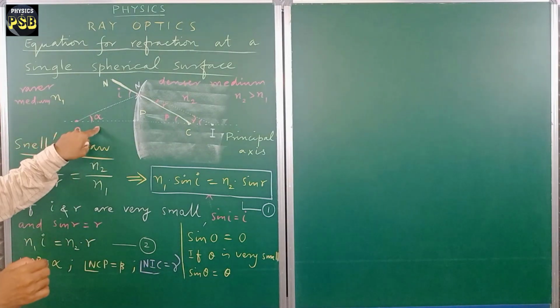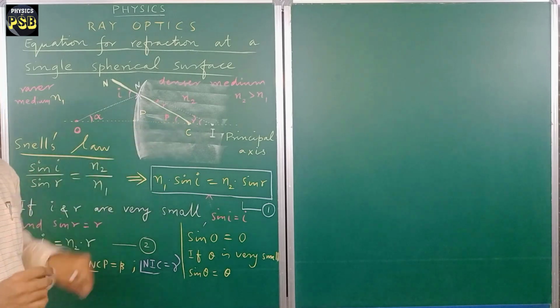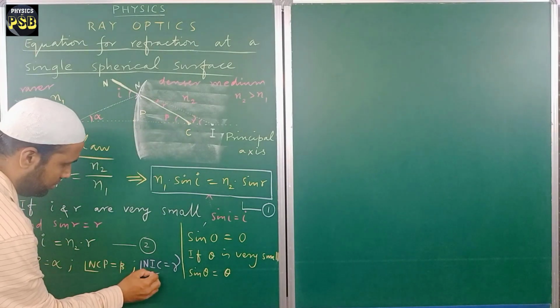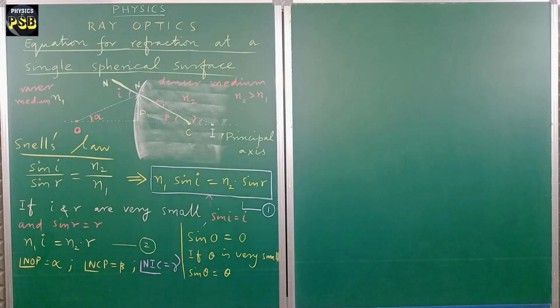This symbol is alpha, this symbol is beta, and this symbol is named gamma. Fine.